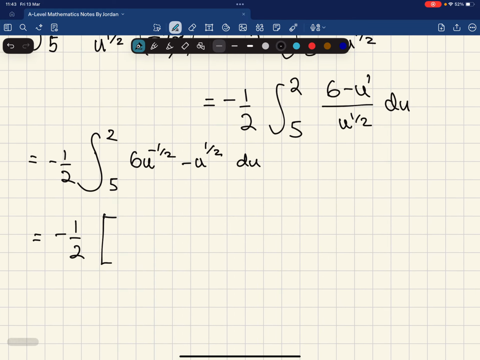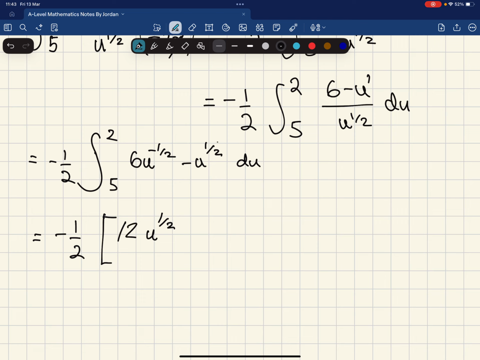Okay, so remember this is a first year integral. We just raise the power by 1 and divide by the new power. So if I raise the power by 1, it will become 1/2. If I divide by 1/2, it's the same as times by 2. So I'll write 12 there.